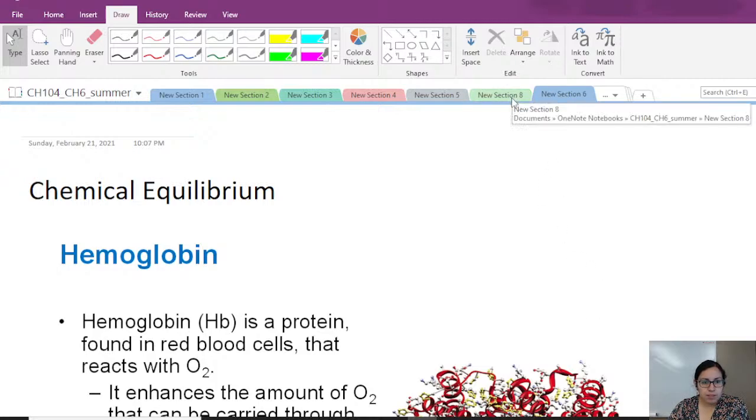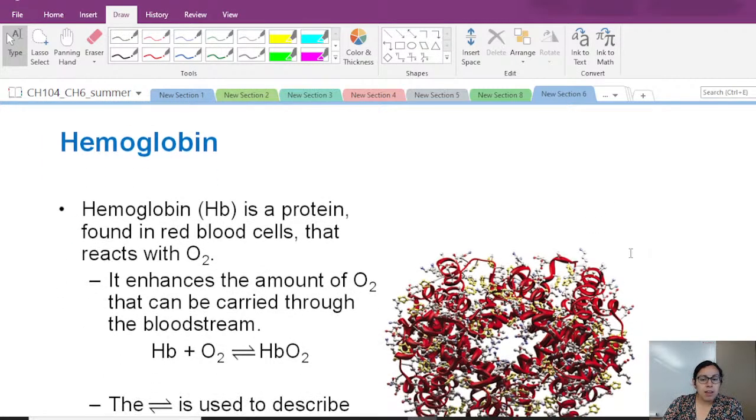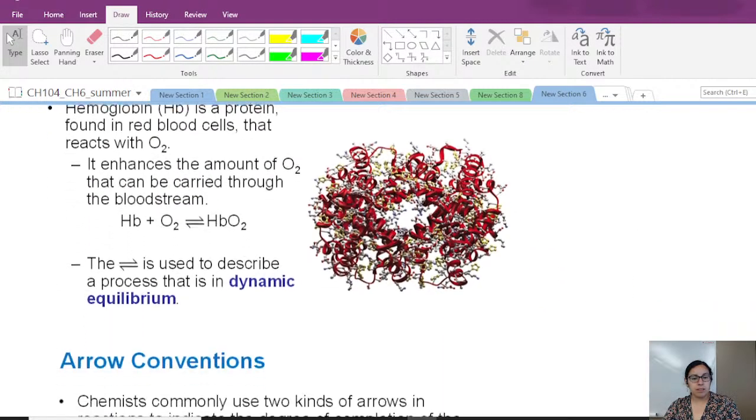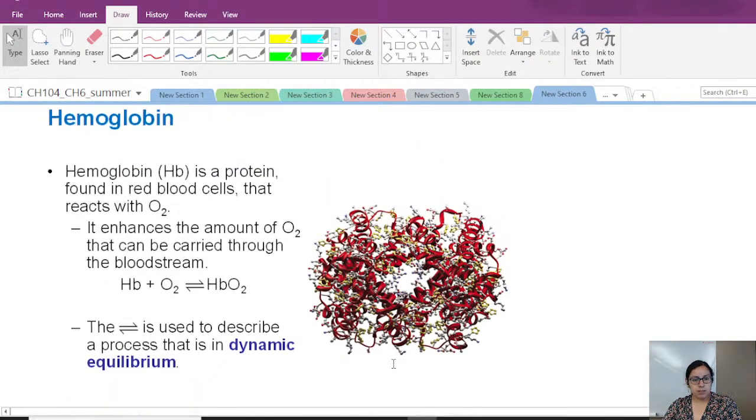So let's look at chemical equilibrium. Now it's a lot of things, but we're just looking at them in an overview. And so let's look at how hemoglobin works. We might have touched on it a little bit.